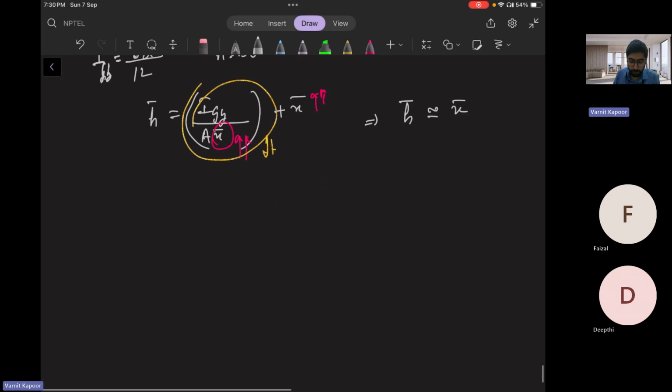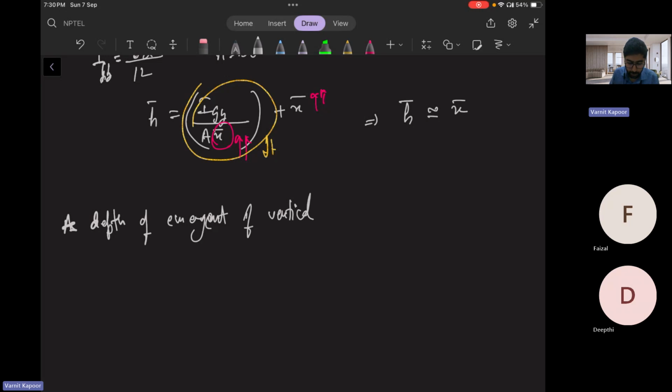Okay, always remember. So as depth of immersion of vertical plane surfaces increases, that is x bar increases, the pressure diagram becomes uniform.